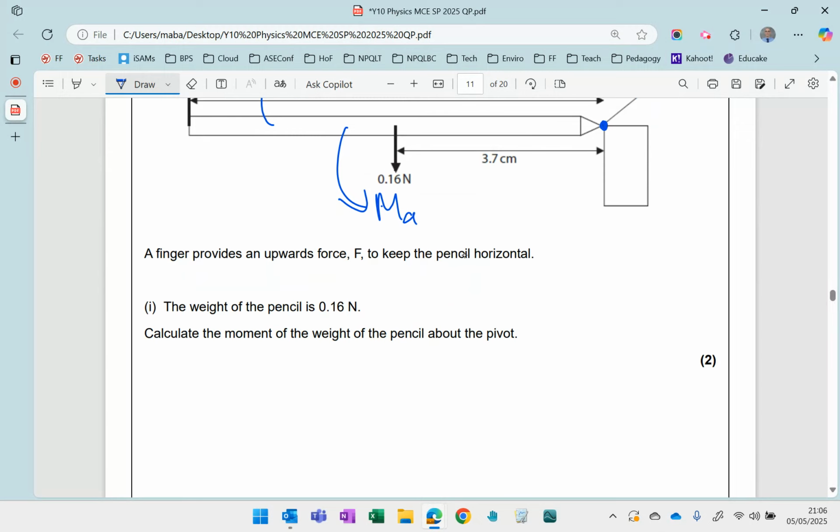So that's asking us for the anti-clockwise moment, and that's just the force times by the perpendicular distance from the pivot, okay, which is 0.16 times by, ooh, that's a bit naughty, isn't it? That's 3.7.